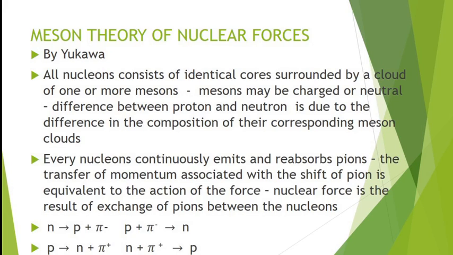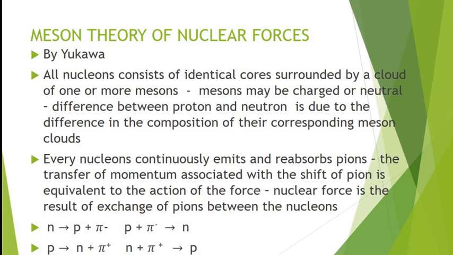Once again, all nucleons consist of identical cores surrounded by a cloud of one or more mesons, and they can be charged like pi plus or pi minus, or can be neutral. And this difference in the composition of the meson clouds makes a nucleon either a proton or a neutron.